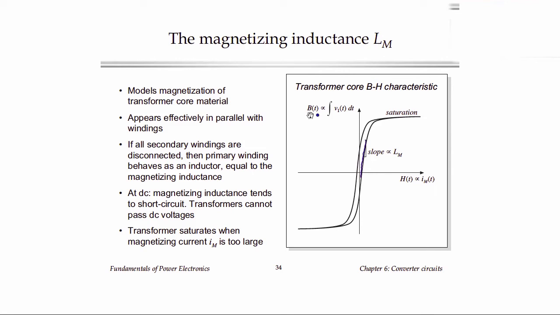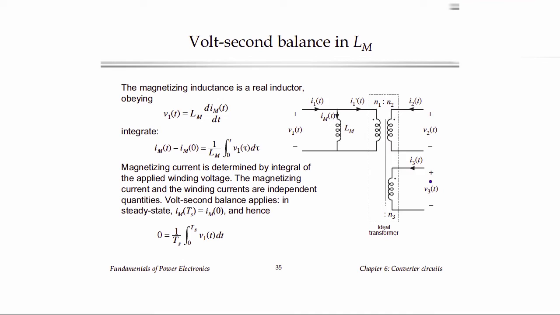By Faraday's law, the flux in the core is proportional to the integral of the applied voltage. And as we apply voltage, we integrate up the BH loop. When we get into saturation, the current in the windings in the magnetizing inductance becomes very large, and the magnetizing inductance essentially turns into a short circuit, which is called saturation of the transformer, and it's generally something we want to avoid.